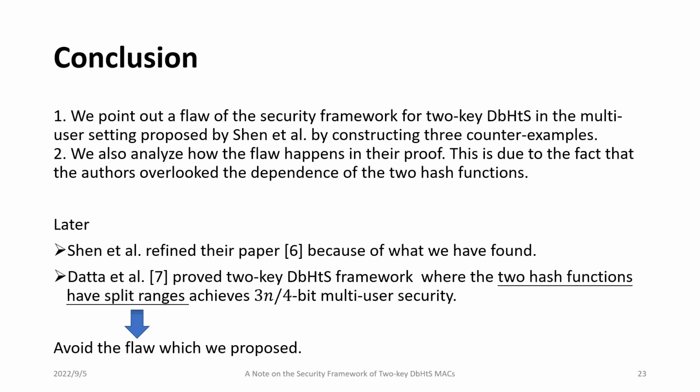Later, Shen et al. refined their paper because of what we have found, and Datta et al. proved that the 2K-DbHtS framework where the two hash functions have split ranges even achieves 3n/4-bit multi-user security. The two hash functions with split ranges avoid the flaw which we proposed.